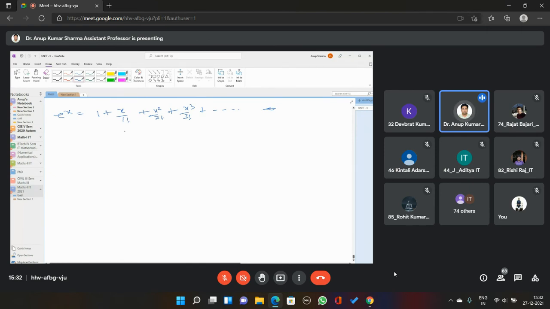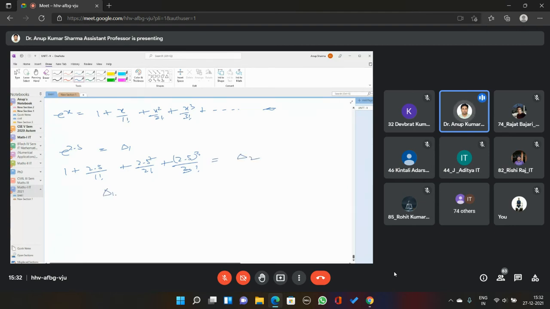So what we are doing here is this function is approximated by these polynomials. When we take x as 2.5, it gives some value delta 1, which is 1 plus 2.5 upon factorial 1 plus 2.5 square upon factorial 2, 2.5 cube and so on. Suppose we restricted it here and calculated, we have delta 2.